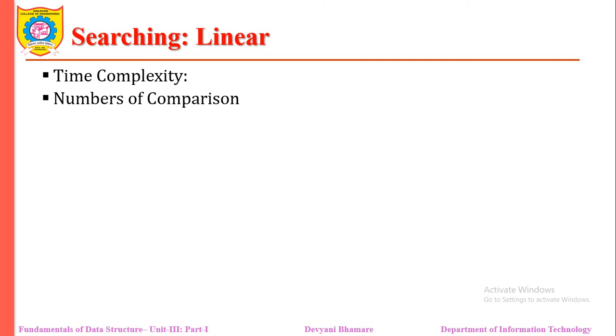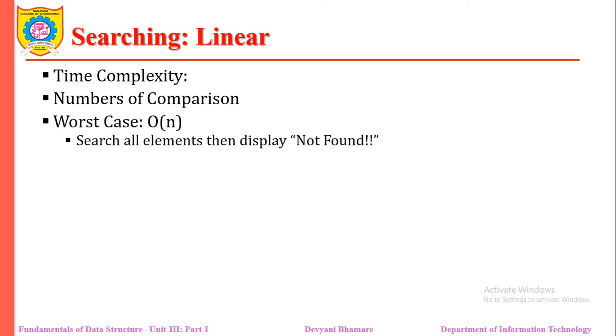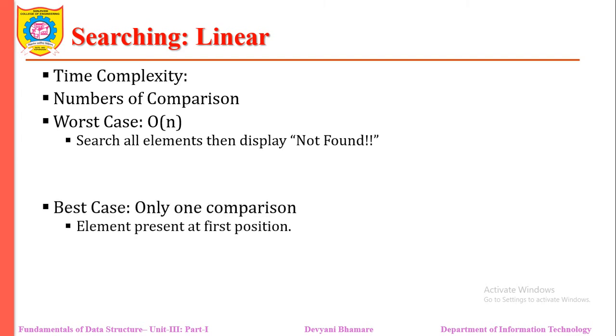If we compare with the first element and it is not present, we increase the counter one by one until the last element. So the worst case, when the element is not present in the list or is present in the last record, is big O of n. It can also happen that we get the element in only one comparison, so the best case is big O of 1 and the average case is big O of (n plus 1) by 2.